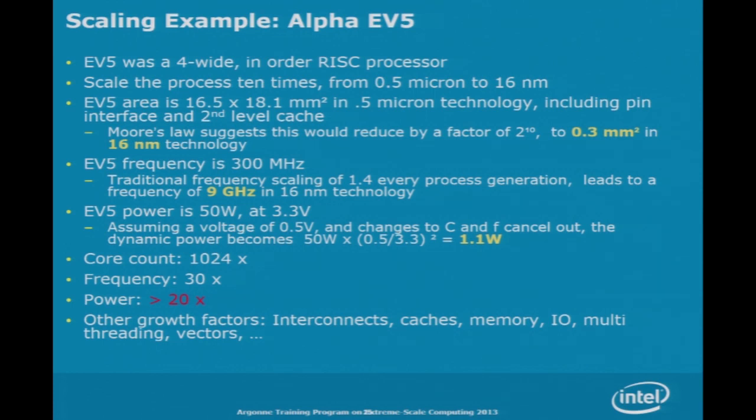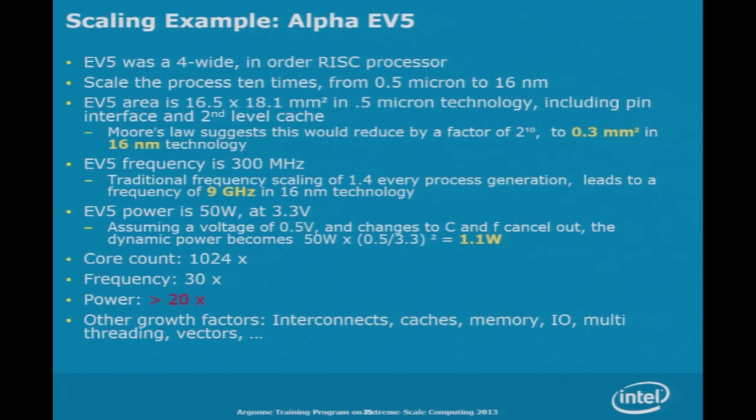As I said, I worked on some Alpha processors at DEC. Here's a scaling example that I flashed by you, where EV5, which was the fastest microprocessor in the world in the mid-90s, if you had scaled it forward, you could now fit 1,000 of them on the same size die.